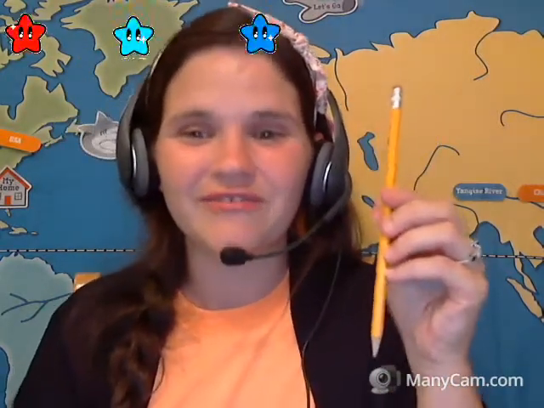Let's look at the I words. Frank, what is the first word? City. Very good. Remember, Beijing is a city. What is the next word? Pencil. Very good. Pencil. What is the last word?